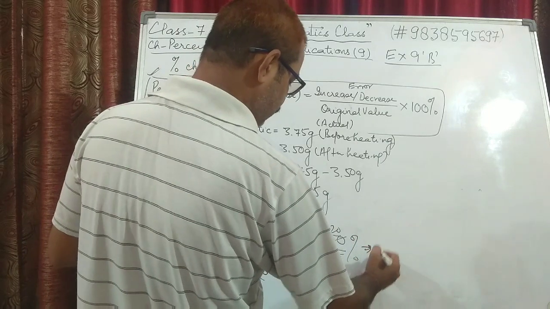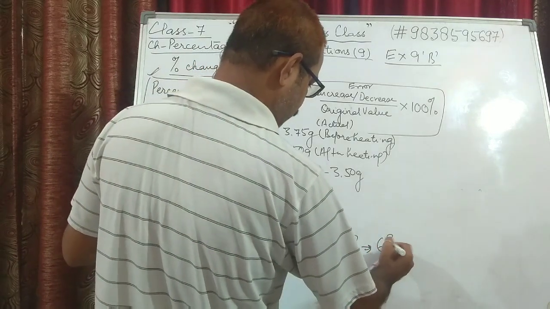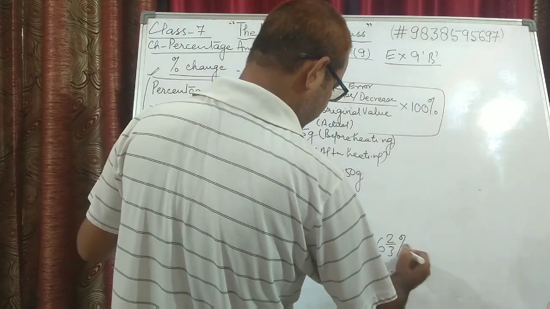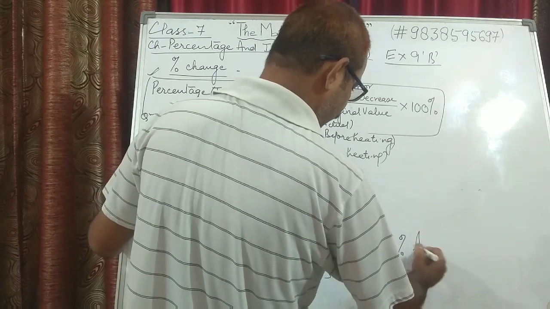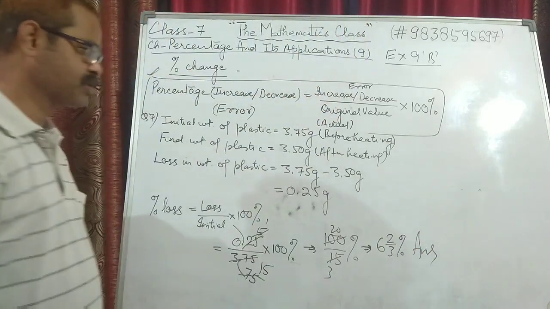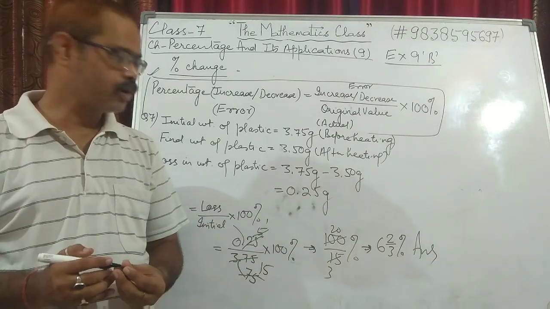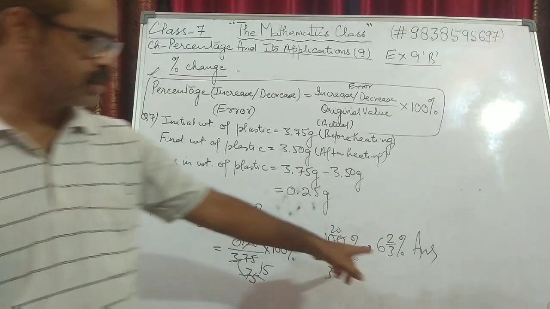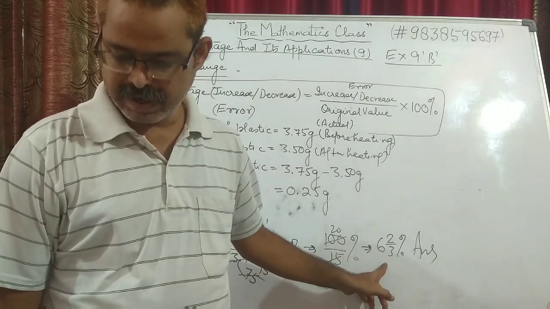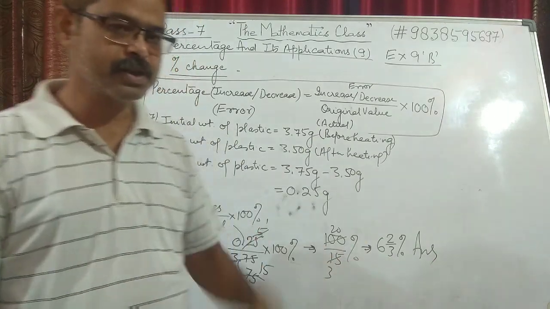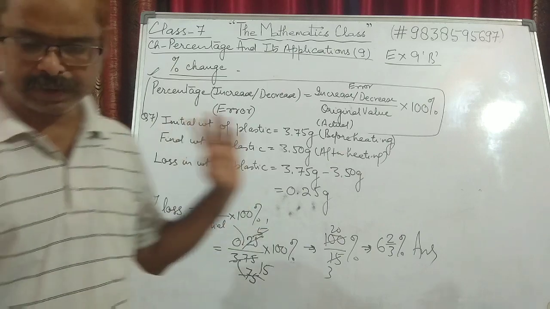Now 20 upon 3 can be written as 6 whole 2 upon 3 percent. The loss in weight in grams was 0.25, but the loss in weight in percentage is 6 whole 2 upon 3 percent. This is the decrease percent or loss percent.